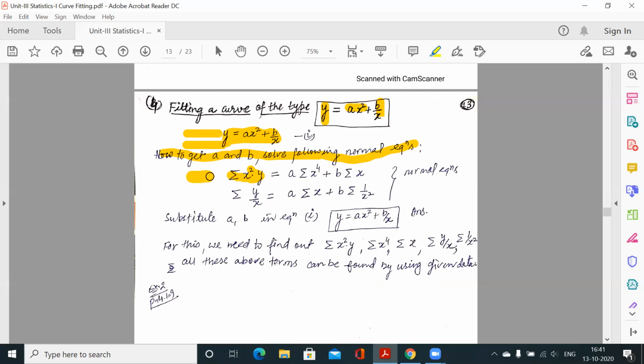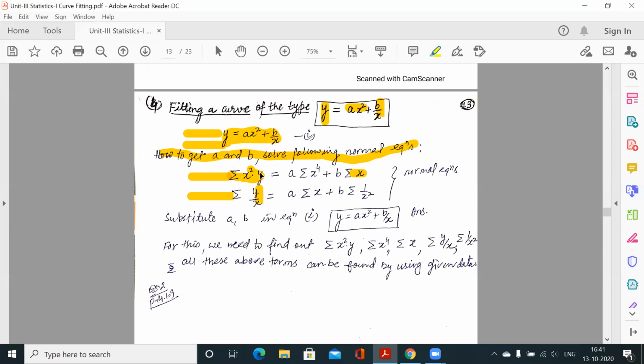First is with respect to summation x square, second is with respect to summation 1 by x. Summation x square y is equal to a summation x to the power 4 plus summation x square into b by x. So x square by x is summation x, and second we will get by multiplying summation 1 over x here. So summation 1 over x into y, summation y over x, summation 1 over x into a into x square.